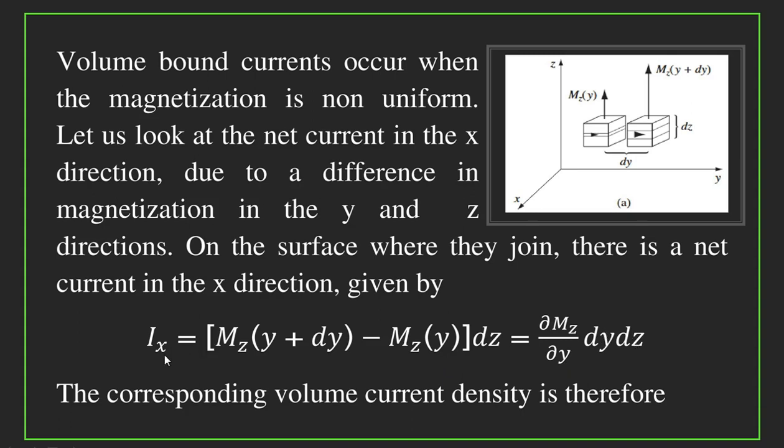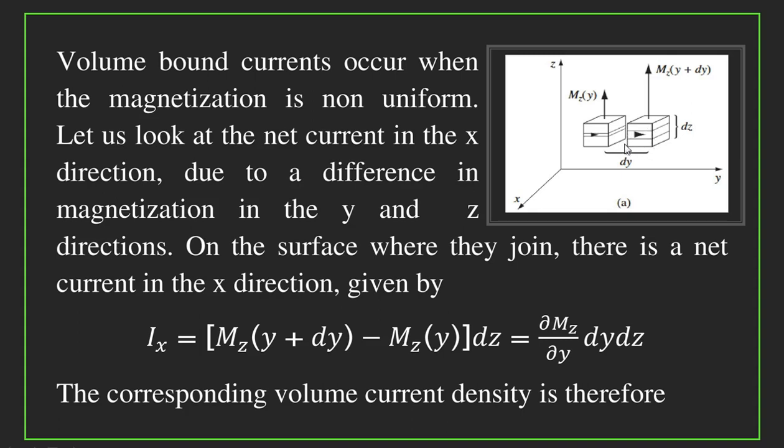Ix is the current passing along the positive x direction, and this current is coming through a surface area of dy dz. This is the distance dy, and this is the distance dz, so the area of this dipole is dy dz.